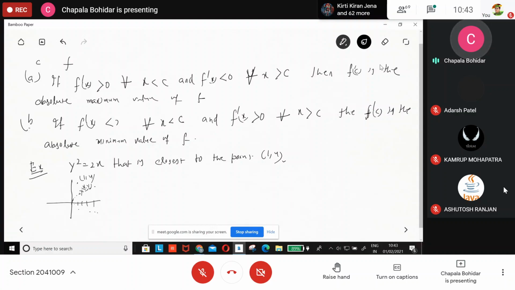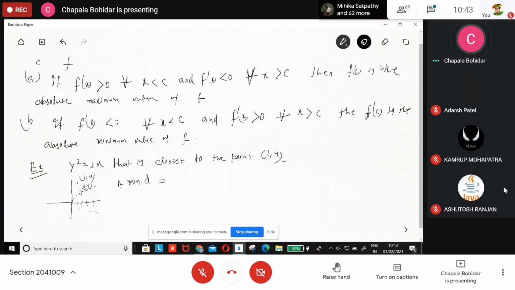So what do you want to find out? We want to find out the distance d, the minimum distance, the absolute minimum distance. Distance d is equal to how much? All of you know the formula of distance.